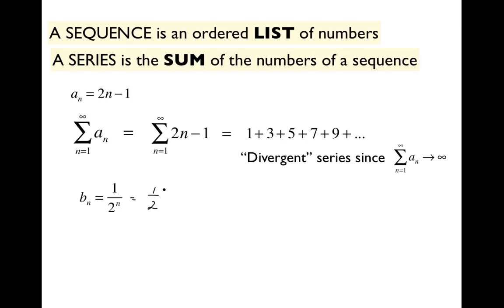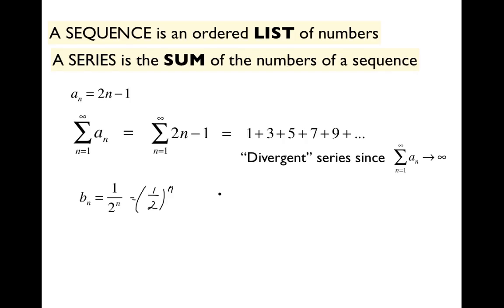1/2 to the n. And what is that? What kind of sequence is that? Geometric sequence. Geometric is when you have some constant number raised to the n. Got it? So if you're shaky on this, learn it quick, because we're going to see this over and over again.